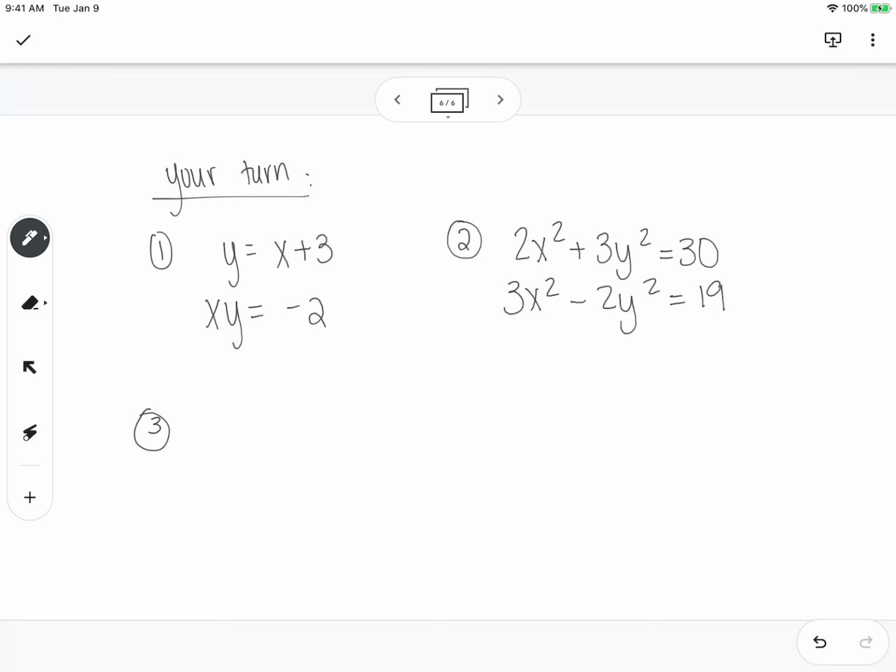There's so many good ones. I'm having a hard time deciding on which one I want to do. All right, try y equals 5x minus 20 and y equals x squared minus 5x plus 5. All right, so use substitution or elimination. Depends on how it's fixed up and ready for you to go. Do just these 3 problems.